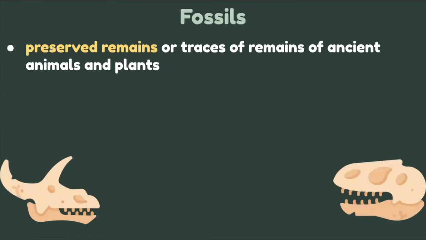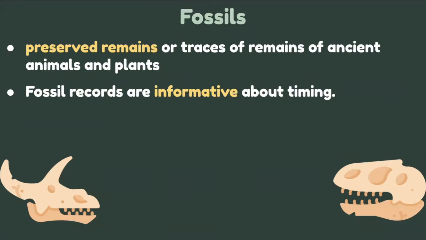Let's now talk about the fossils. Fossils are the preserved remains or traces of remains of ancient animals and plants. The origin of life consisted of events on a molecular scale and cannot be studied in the fossil record. But the record is valuably informative about timing.